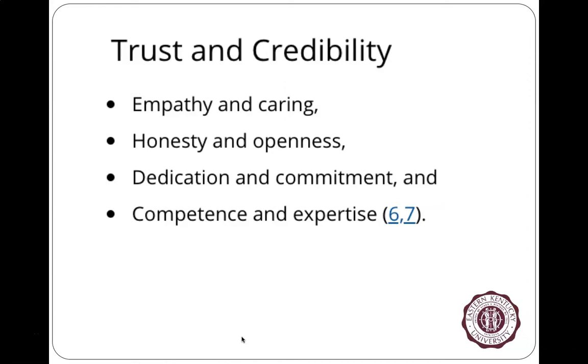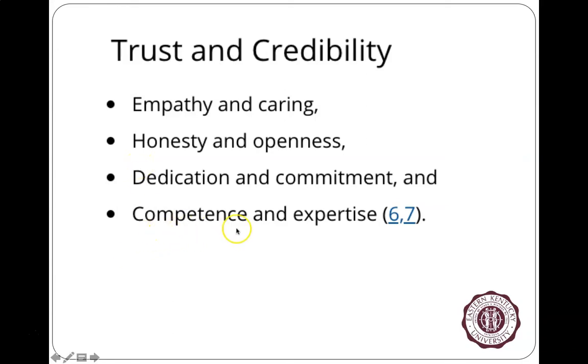Honesty and openness. They have to feel like you're being honest. Are you going to be committed to following up? Are you dedicated? Do you have a track record of working in this area? Sometimes trying to develop these three in the middle of a pandemic or a crisis, it's a little too late for that. So these are things that you have to have, in many cases, going into it.